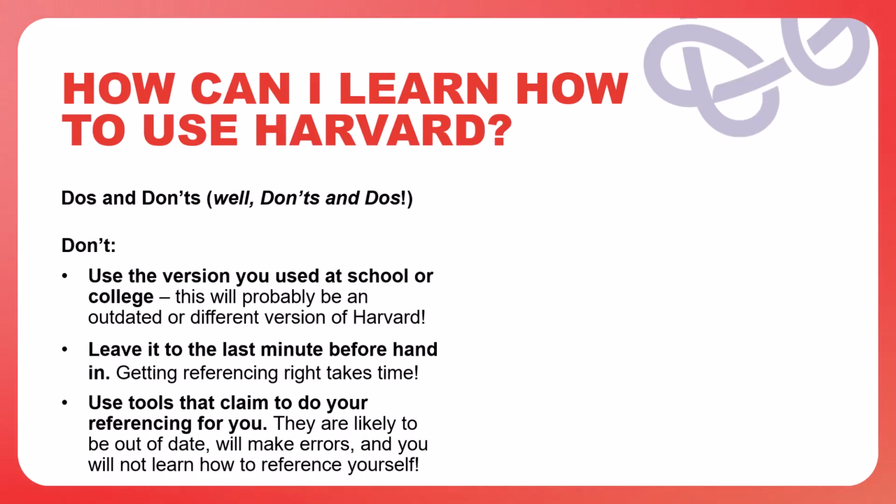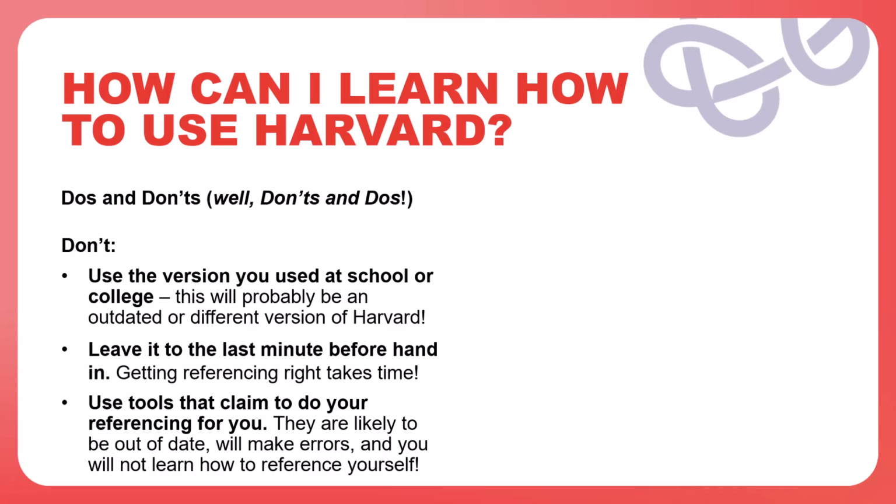So there's some things that will help you to develop your skills in this area. We've got some do's and don'ts, and we'll start with the don'ts. Don't just use the version of Harvard that you might have used before, because it's very likely to have been updated, which will mean that the version you used before is now incorrect. Don't leave it to the last minute to do your reference list.